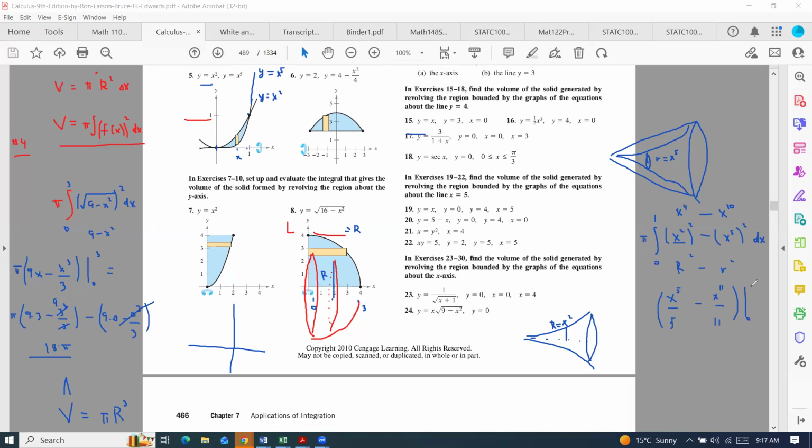Again, 0 is nice, and of course, it's not going to be everything that nice. But once again, our goal is to get the main idea of setting up the whole thing correctly.